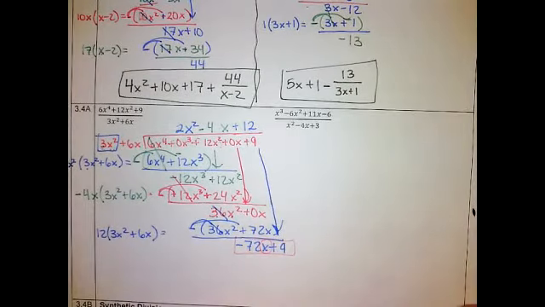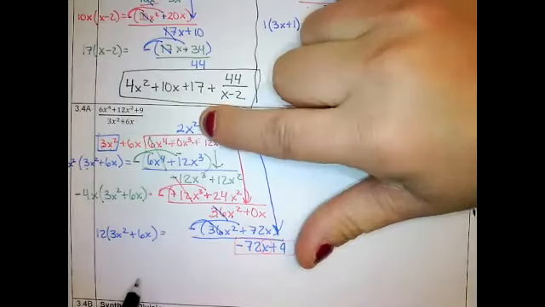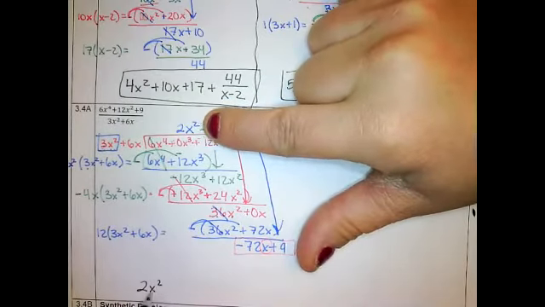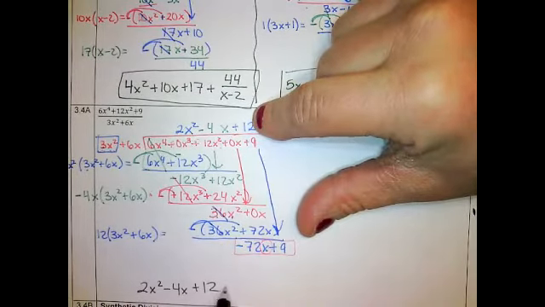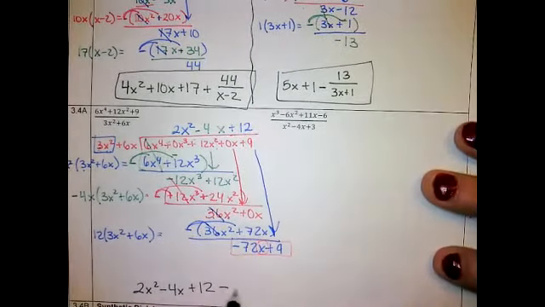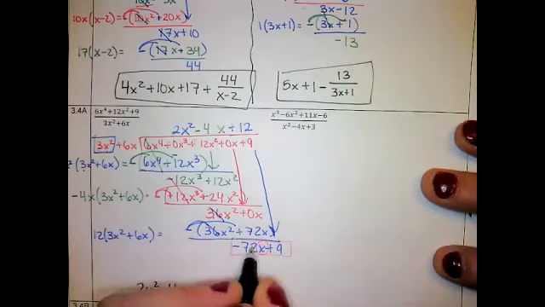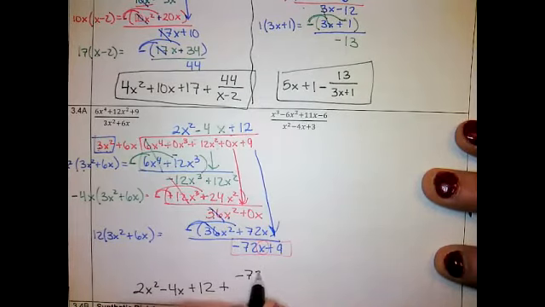So my answer then is going to be my 2x squared minus 4x plus 12, minus, or I'm going to go ahead and do a plus here, negative 72x plus 9.